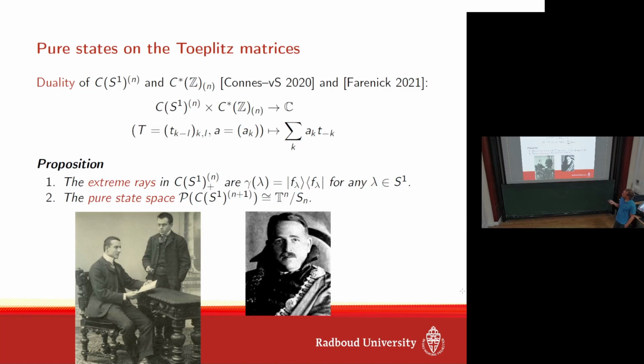So Fejér and Riesz had this lemma where the idea is that you have a function which has a certain support of size n, so it goes from minus n to n, and that function is a positive function when you look at it as a function on the circle, as I'm doing here.